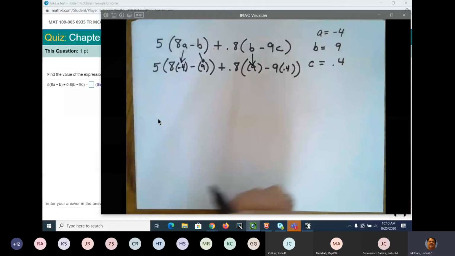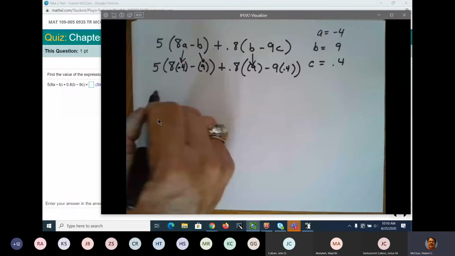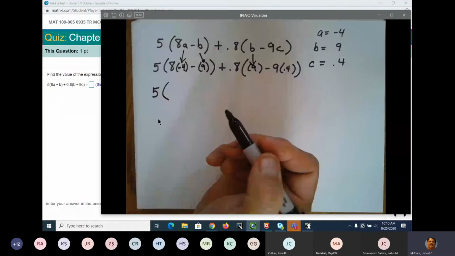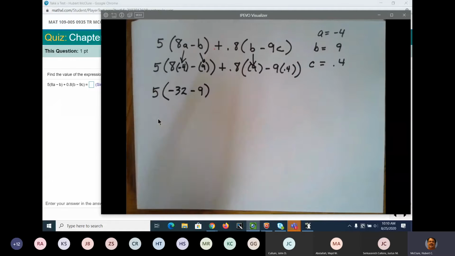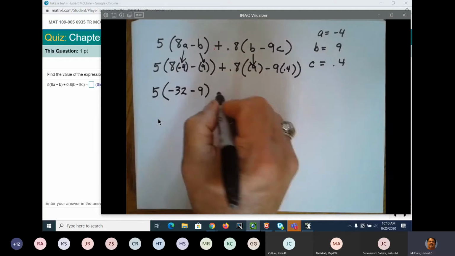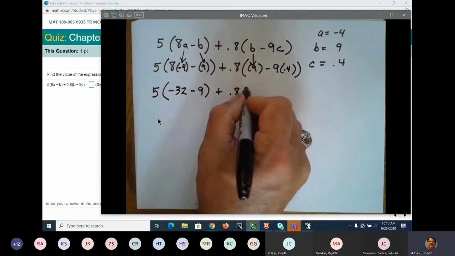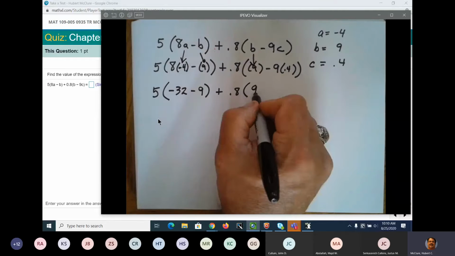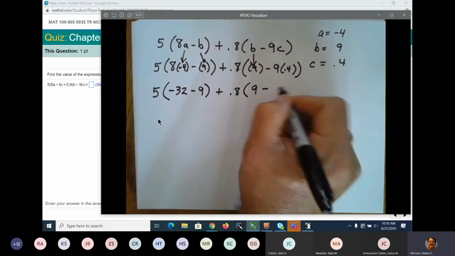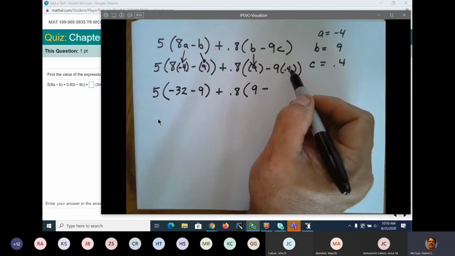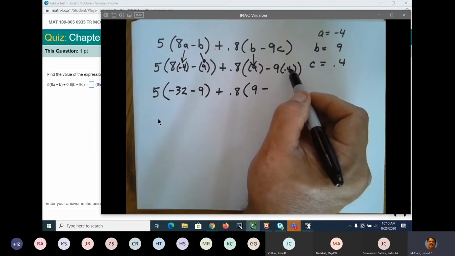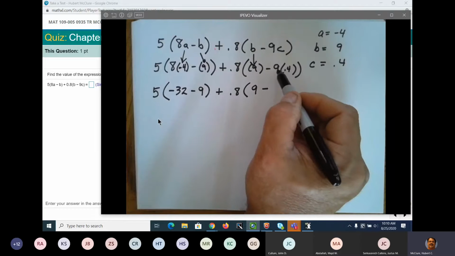So here we got 5 times parentheses, negative 32 minus 9, plus 0.8 times 9 minus, well, I'm going to do this in my head. 1% of 9 is 0.9.